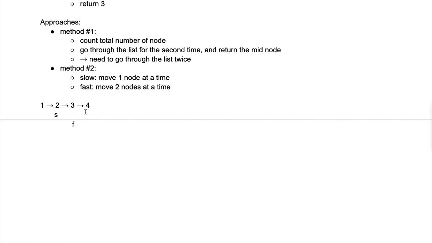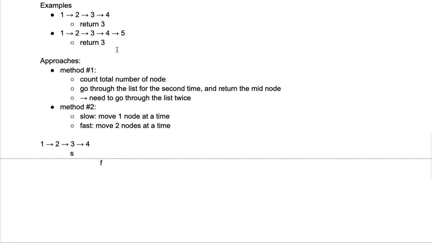The fast pointer is not pointing to the end, so we keep moving. In the second iteration, the fast pointer moves to the end. It returns null, and the slow pointer points to 3 at this time.